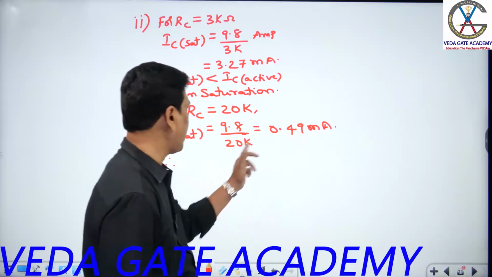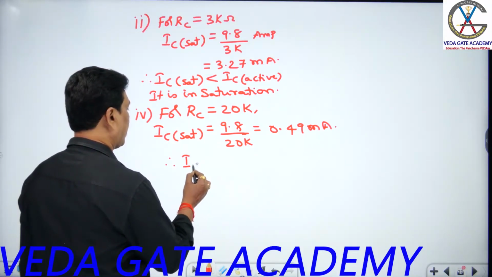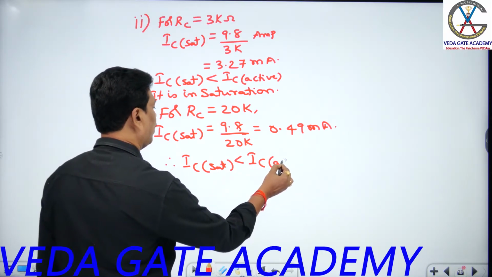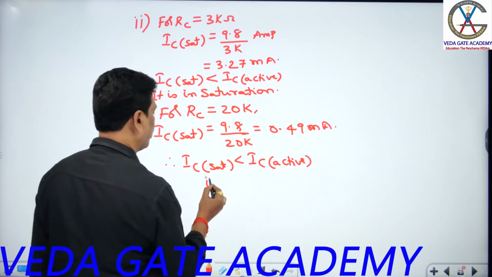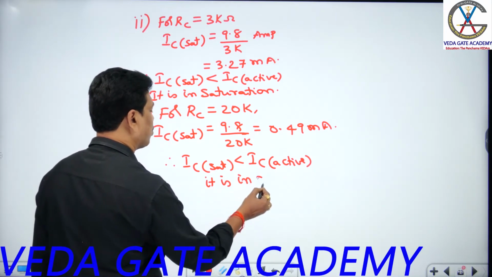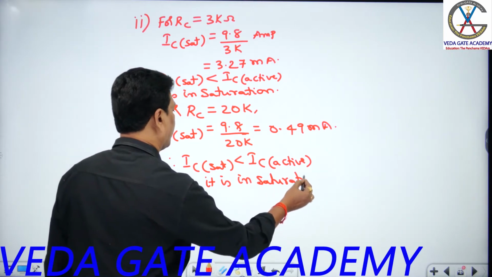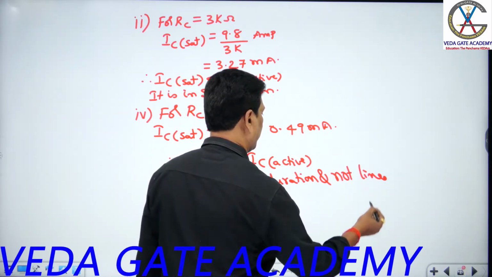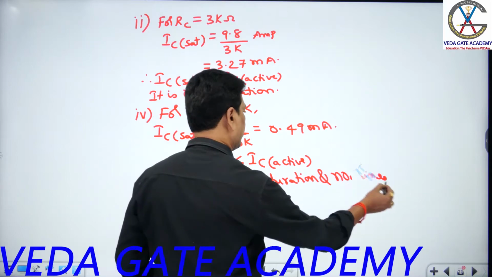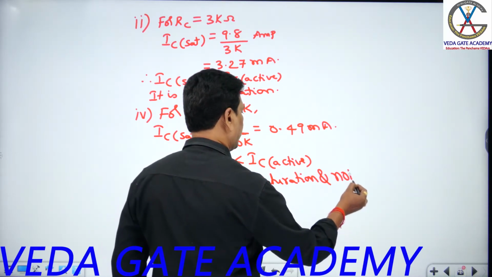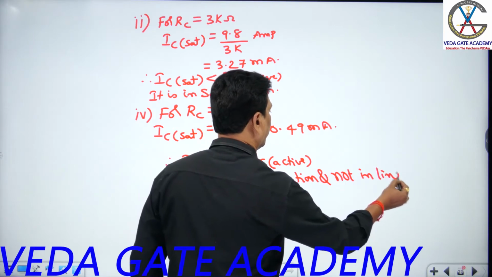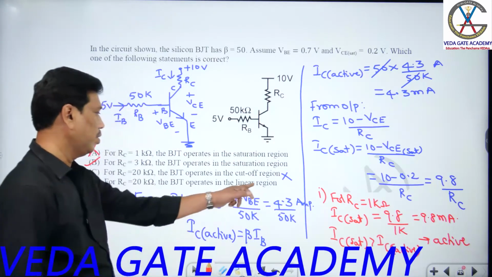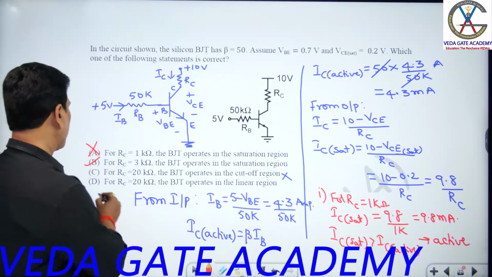So IC saturation, 0.49 milliampere, is again less than IC active. So it is in saturation, students, and not in linear mode. Linear means active mode. But the given option says linear mode, so it is also wrong, students.